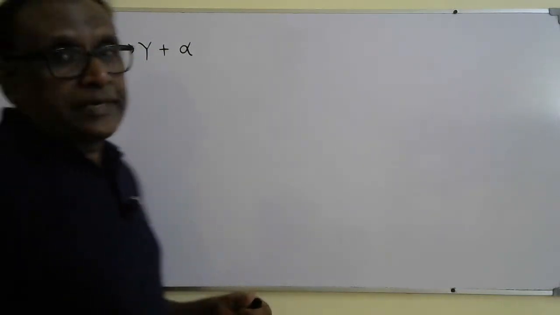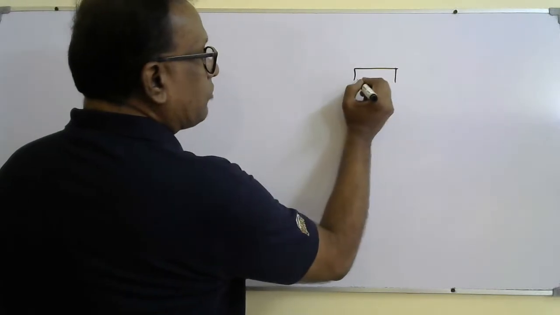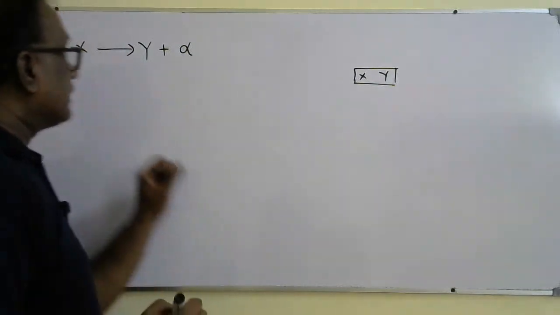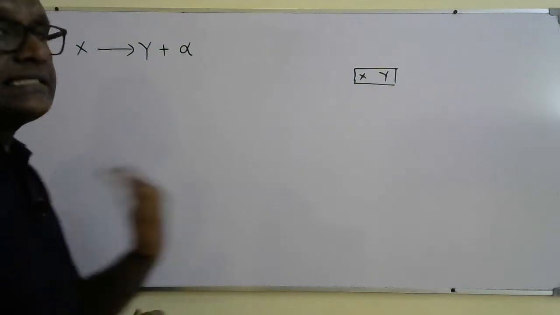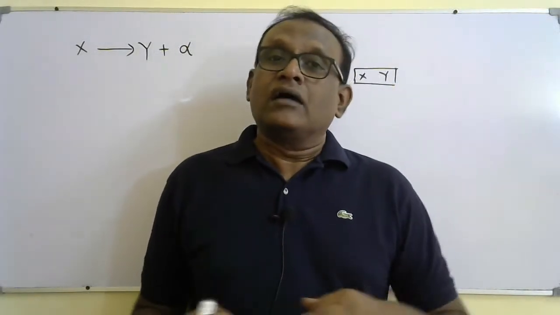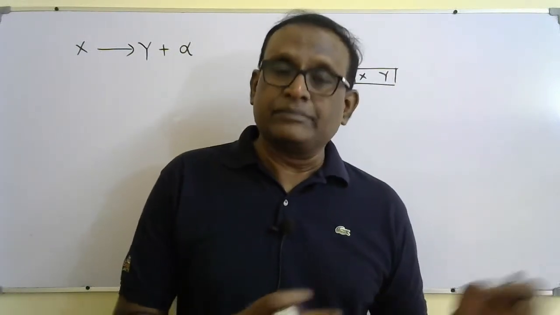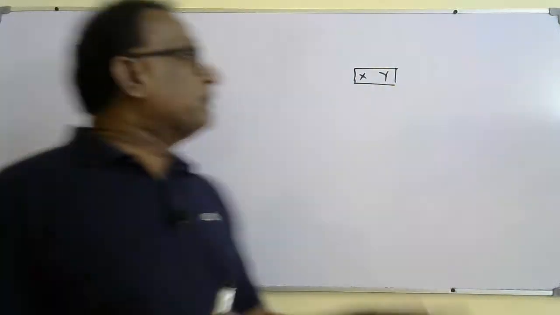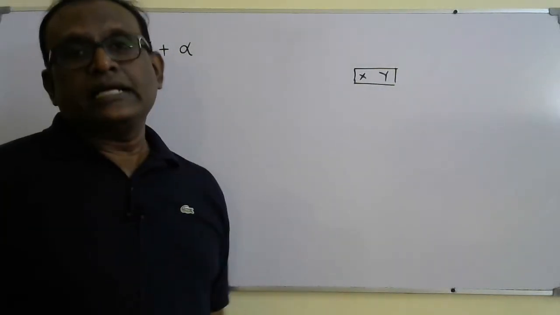If it is emitting only alpha, I already told you that the given sample will initially consist of only X, but later there will be both X and Y, because when X decays, it will produce Y. But if Y is a stable nucleus, it won't decay further. Or maybe Y might have a very large half-life. I'm going to introduce half-life, meaning the average time taken for it to decay to half of the initial value. But anyway, if it is very stable, it will emit only alpha. It looks like it is emitting only alpha.